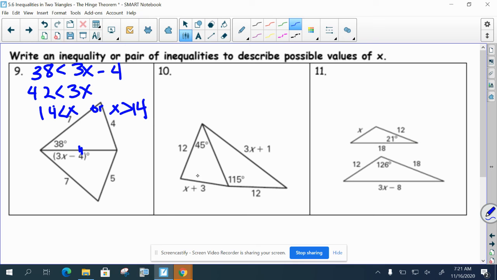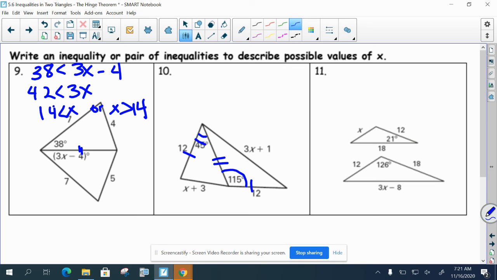And then how about for this one? Let's see. Well, these two angles are not the same. Oh, wait. Hold on. Okay, so they share this side, and then this side is congruent. Okay, so we're comparing this angle with that angle.